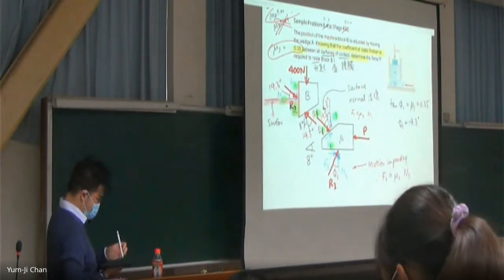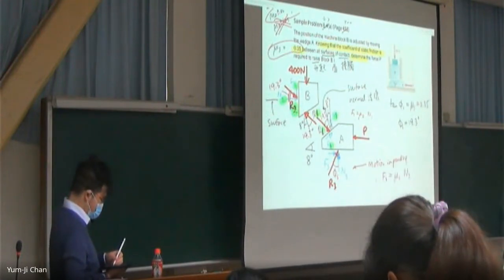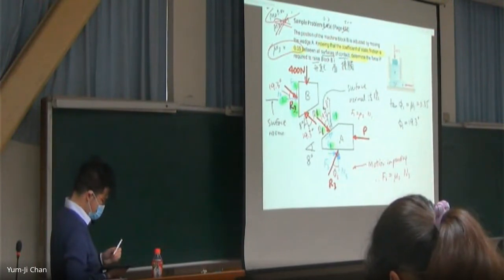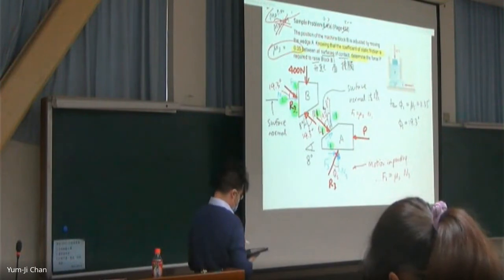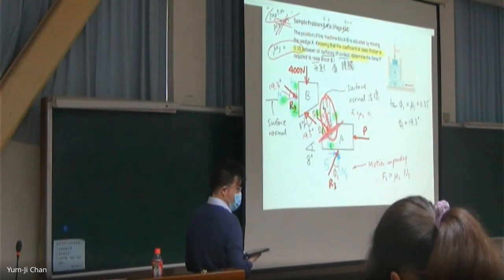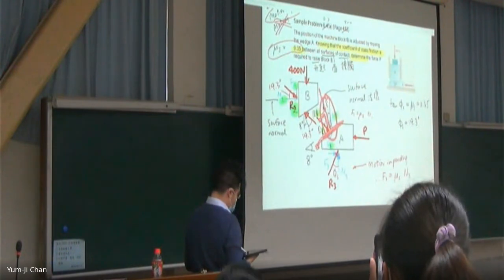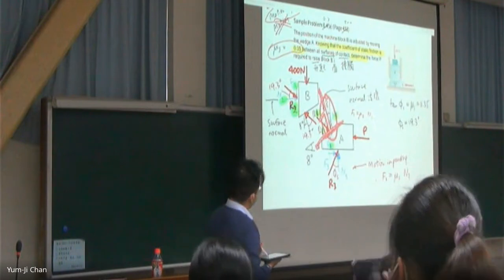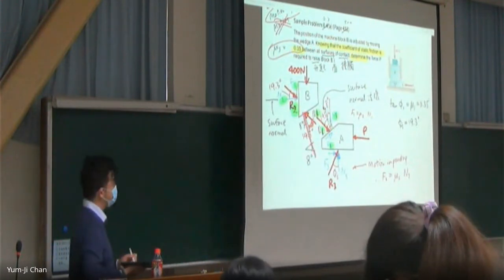Therefore, this 19.3 degrees is here. The difficult ones are these two, because these are not horizontal and not vertical, so phi s should be written with respect to the surface normal here, same as this one.